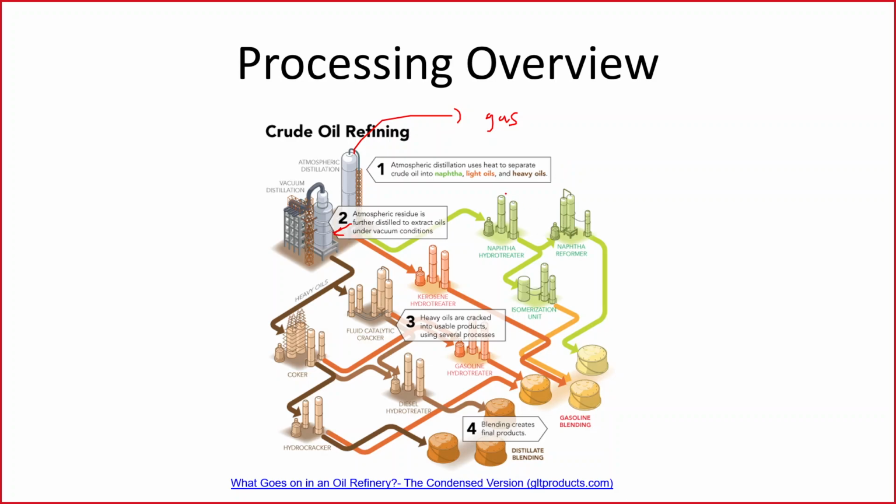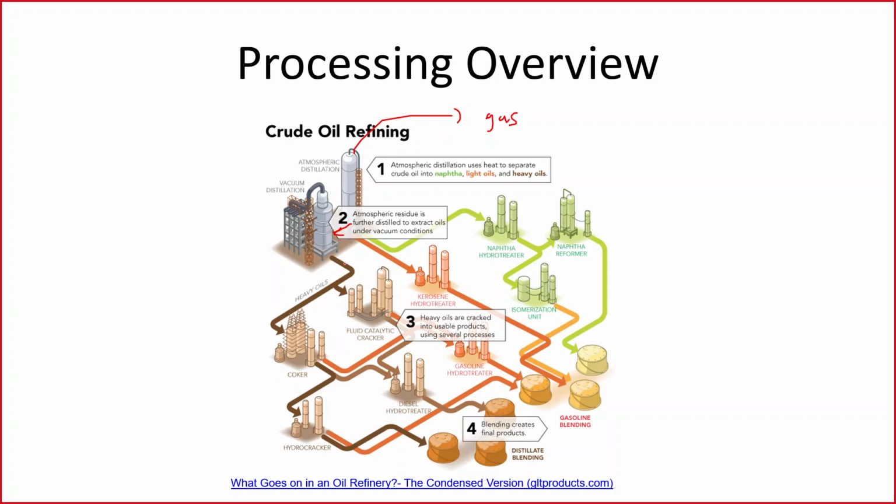But in the old, or conventional, refineries, they're burning it. And then the higher fractions go to this naphtha hydrotreater, and then the reformer, isomerization, and go to the blending section. Heavier than naphtha is the kerosene, and then the jet fuel is over here, and it also goes to the blending.